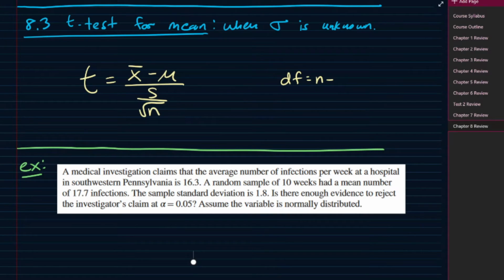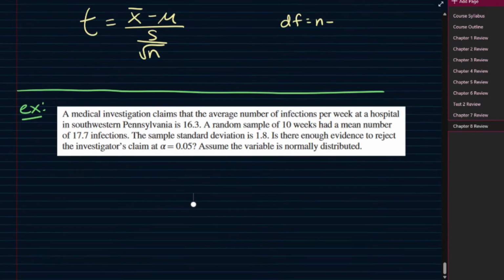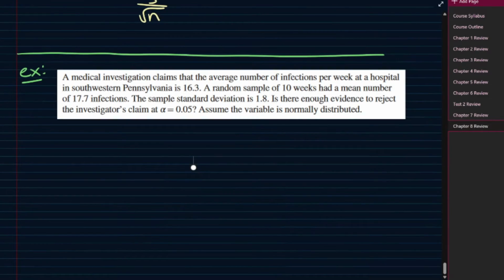Assume the variable is normally distributed. They have to do that because our sample is only 10. It's not big enough. So they have to clarify that it's normally distributed. Anyway, is there enough evidence to reject the investigator's claim at a significance level of 0.05? That means hypothesis test. Okay, so let's do the hypothesis test.